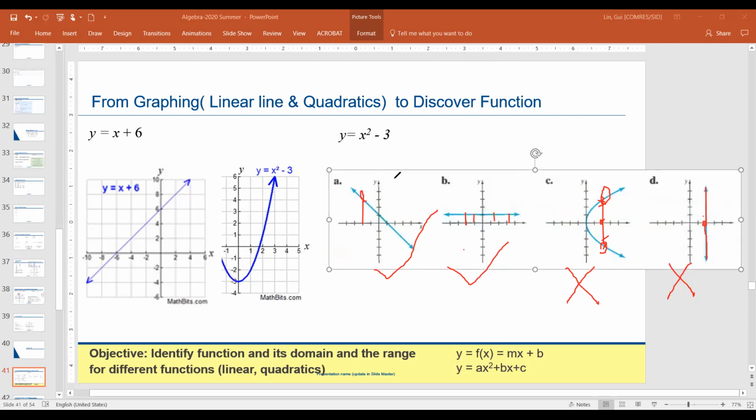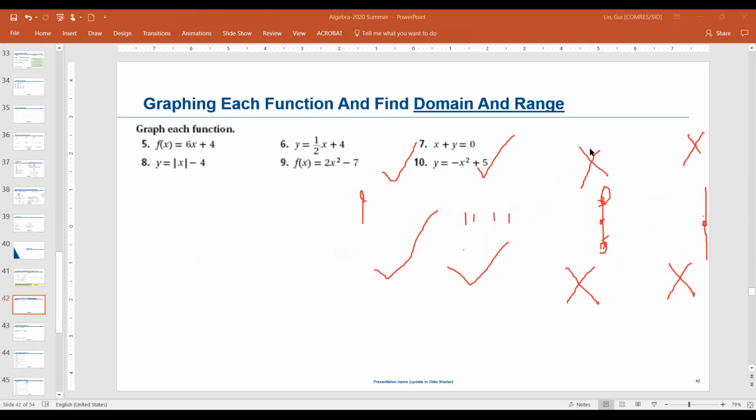So this is a function, this is a function, this is a non-function, and this is a non-function, because one input giving multiple y outputs is not acceptable. That's the basic thing we need to explain more clearly: when it's a function and when it's a non-function. Okay, let's go to the next part, with some more information.